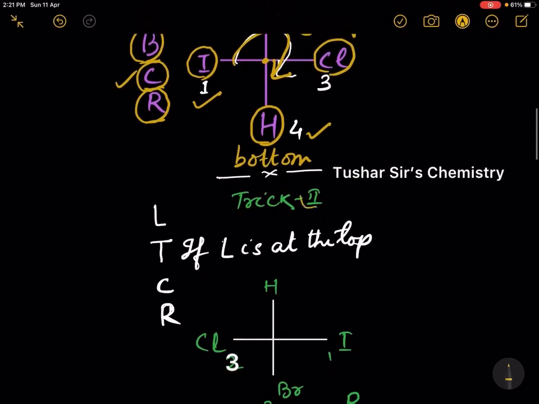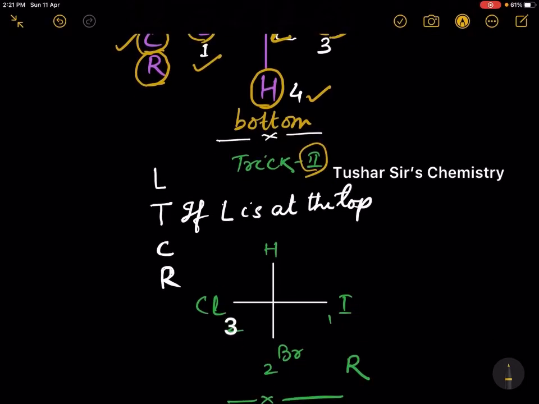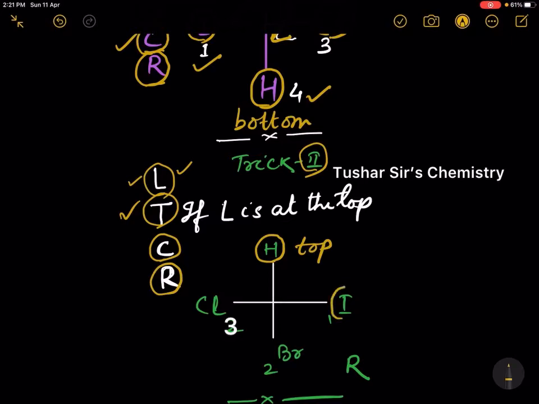In trick 2, you will find LTCR. L means atomic group having lowest priority is at the top. T means top. And the group having priority 1 is over here. Next number 2, and this has third priority, and this one has fourth priority.